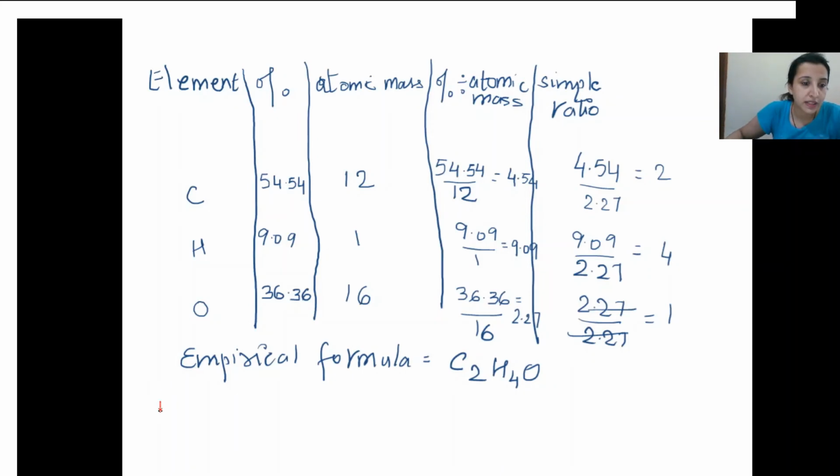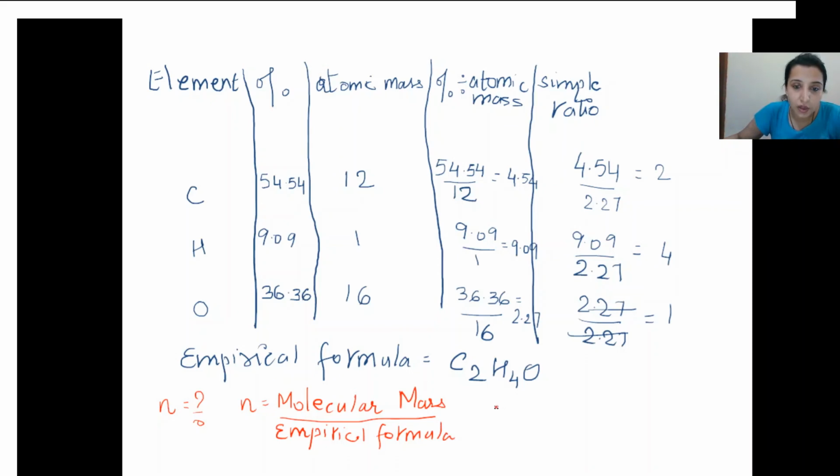You first calculate N. Yes, we need to calculate N. Now N, we all know the formula, is molecular mass divided by empirical formula mass.